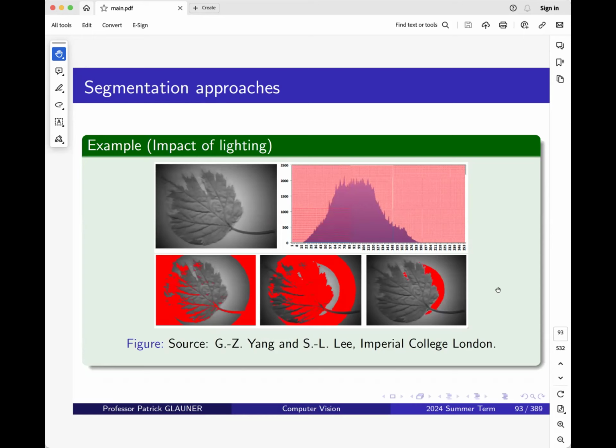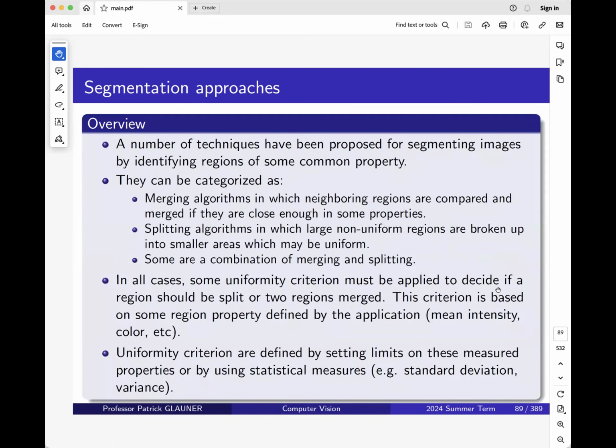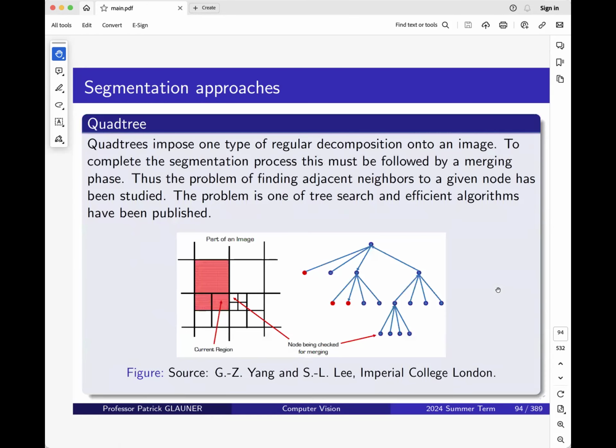There are various other segmentation approaches that we will discuss now. Before we saw that, for example, there are merging and splitting algorithms, but we can also have combinations. A combination that is quite well studied is a so-called quadtree. A quadtree not just appears in computer vision, it also sometimes appears in computer graphics for various problems. And with a quadtree, we try to do a decomposition of an image.